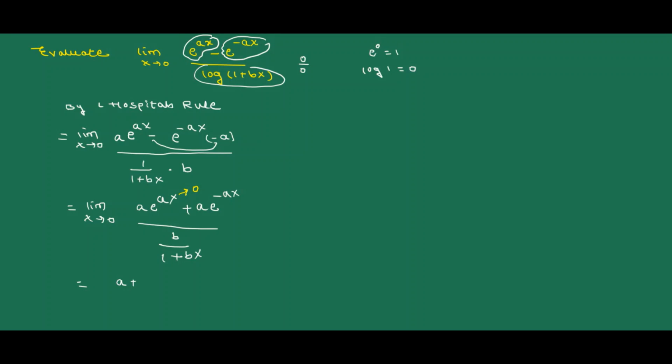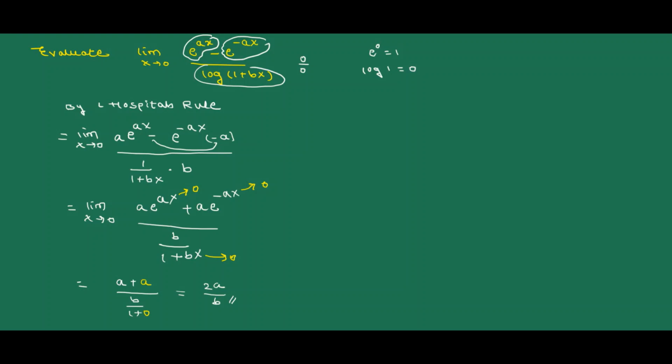Again put x is equal to 0 in the second term, that is e raised to minus a into 0, which is e raised to 0, and e raised to 0 is 1. 1 into a is a, divided by b divided by 1 plus, put x is equal to 0 here. If you put x is equal to 0, b into 0 is 0. So in total you will get a plus a is 2a divided by b, which is the required limit.